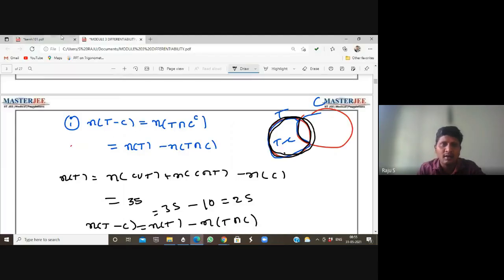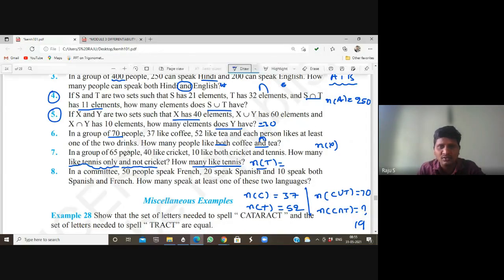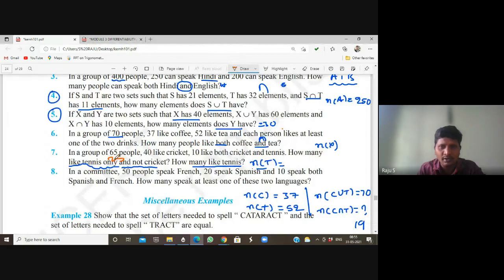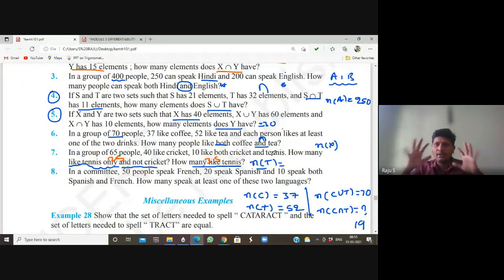The answer for the first question is 25. This is 25, this is 35. The number of people who like tennis is 35, but only tennis, not cricket, is 25. Okay. So one more question is there that you can try, because time is over.